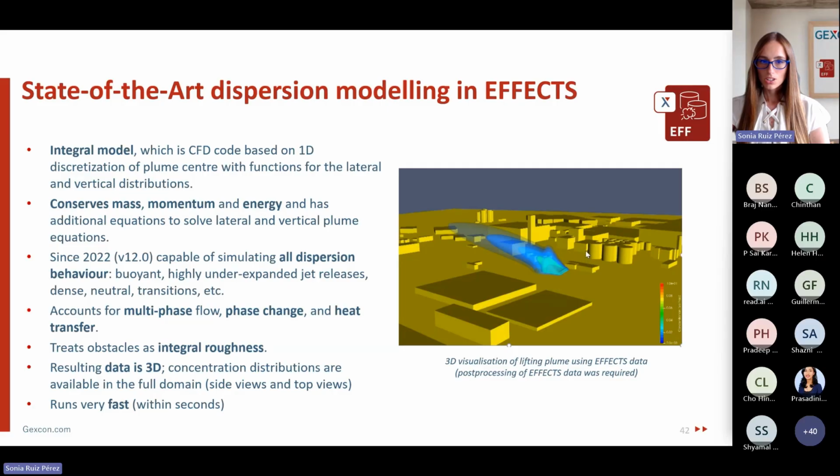So that means that potentially in the future, we could see 3D results in EFFECTS as well, because the data is there. We have all the information for vertical and horizontal concentration distributions from a side view or a top view.